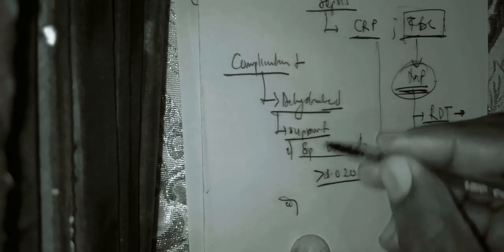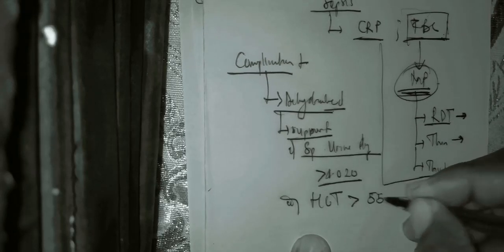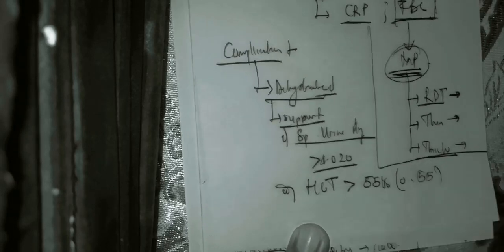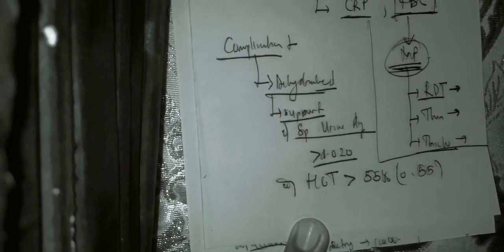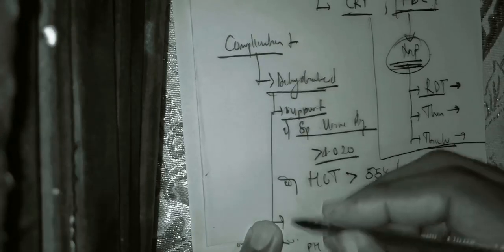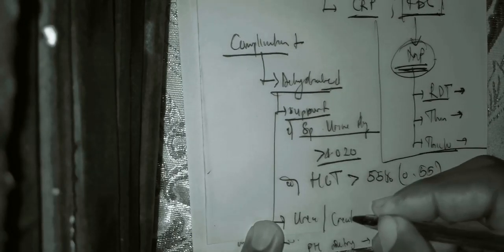The next thing, after the specific gravity, you have the hematocrit. If the hematocrit is greater than 55% or 0.55, is it clear? It is more going toward dehydration, provided the patient is not anemic. And then to confirm now that the patient is dehydrated, you do the urea to creatinine ratio. Is it clear?